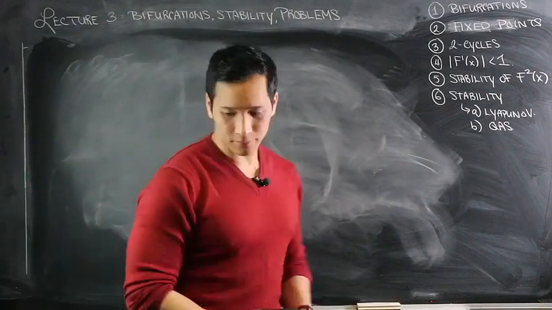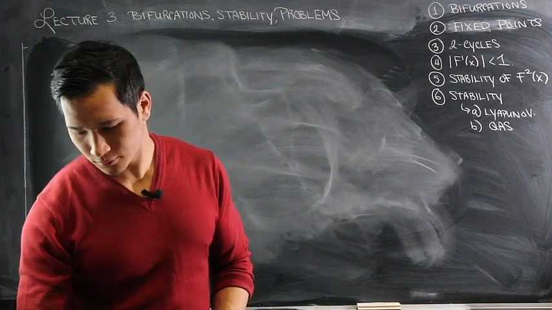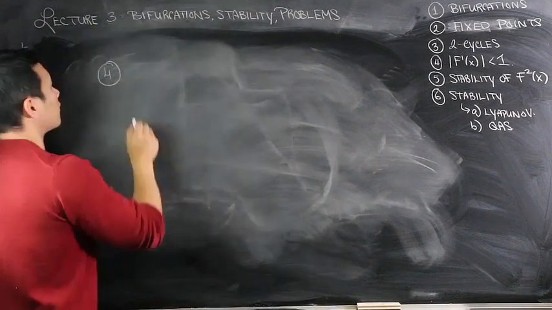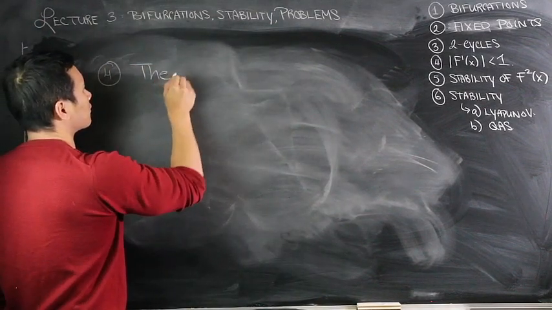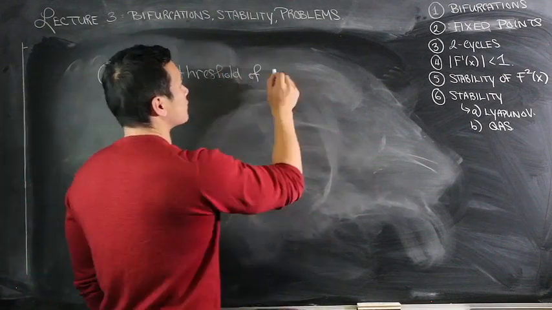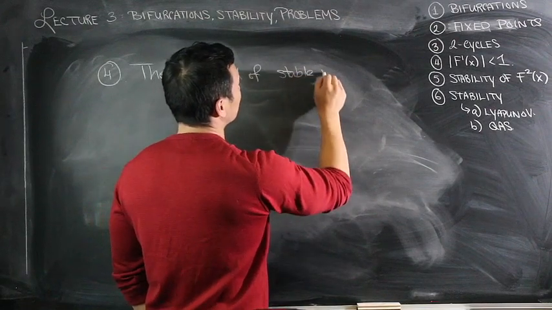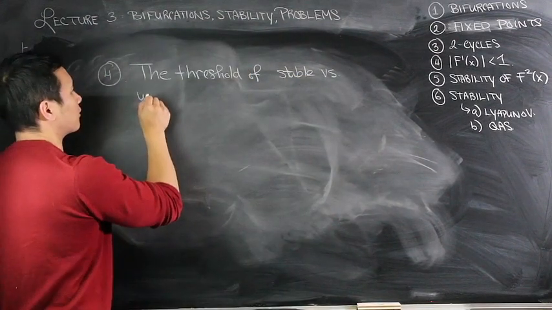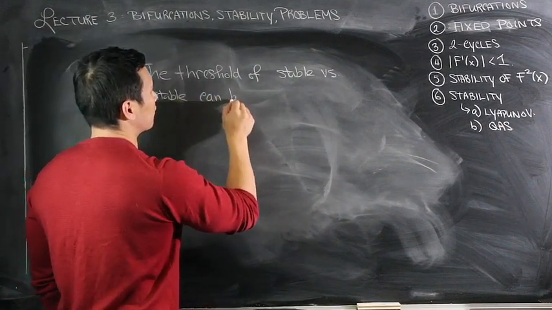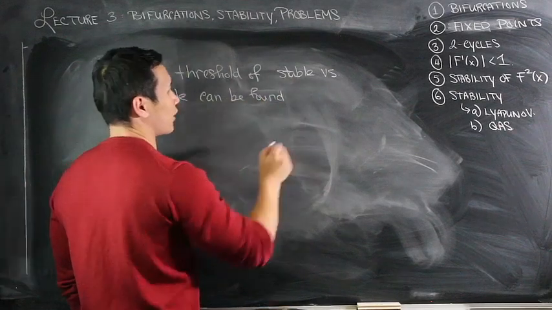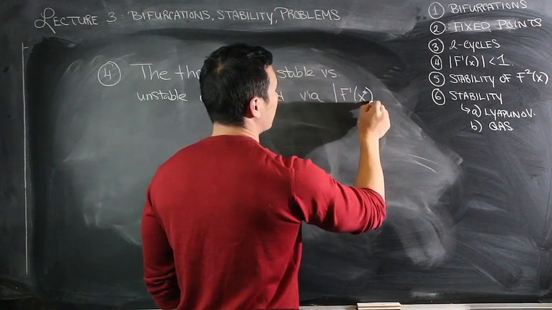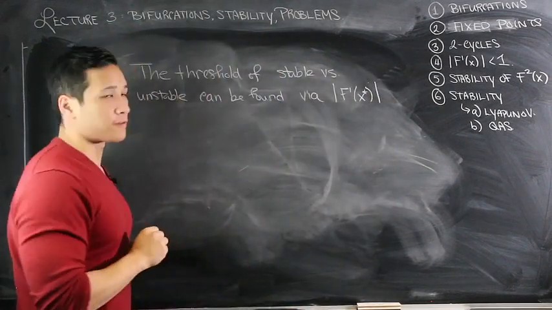Item 4. The threshold of stability, stable versus unstable, can be found via the magnitude of f prime of x star, if x star is your fixed point.